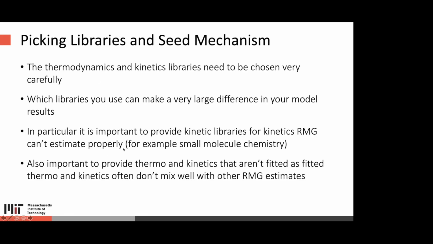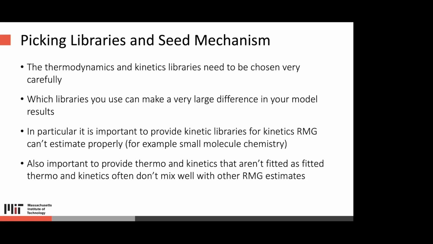So, some recommendations and suggestions for picking the libraries and seed mechanisms. The thermo and kinetics libraries need to be chosen very carefully. If you are wondering what reactions or species are included in different libraries, you can always go to the RMG website, where there is a visualization that can help you see the species and reactions included in different libraries.